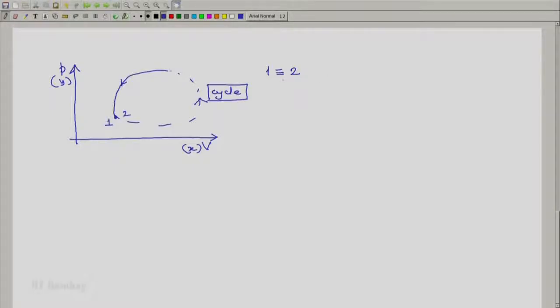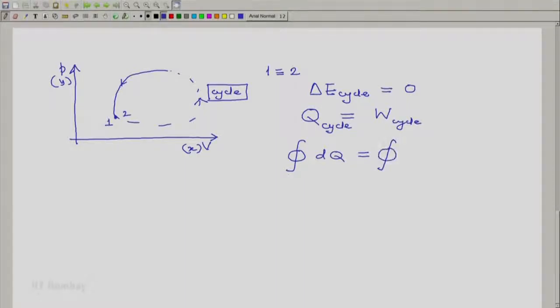Now because the initial state and the final state are the same, the change in energy of the system over a cycle will be 0. And the first law now reduces to Q equals W for a cycle. If you are able to determine these two interactions by integration, we can write the cyclic integral of dQ equals the integral over the same cycle of dW. So these forms are known as the first law for a cycle.